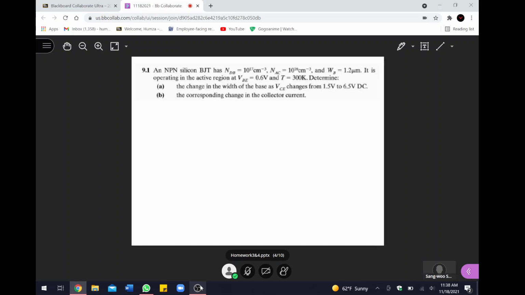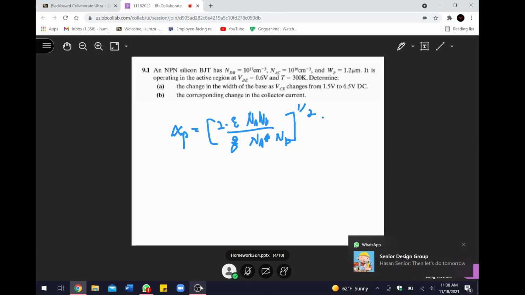It's xp equals the square root of 2 times epsilon, times the NA and ND factor, times q, and in here the voltage is VBI minus VA, something like that.